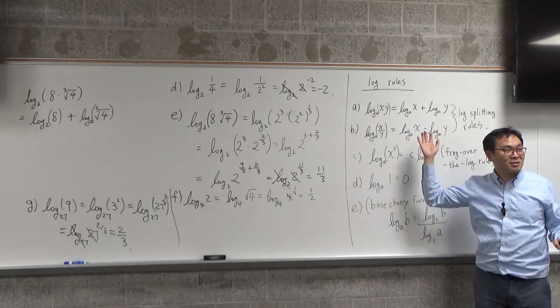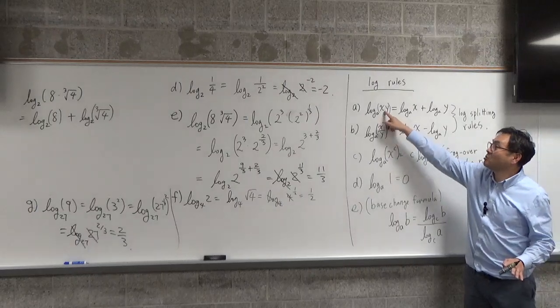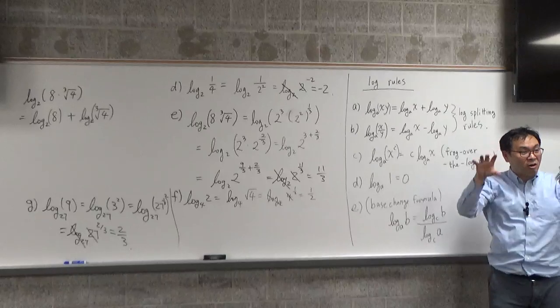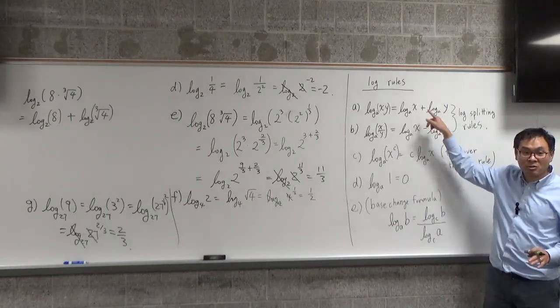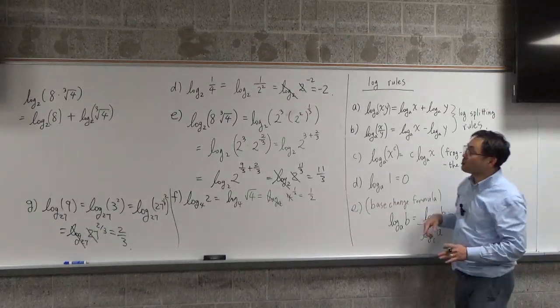It's ridiculous, right? No, that's not what this rule is saying. It's saying that multiplication can be split into two logs. That's the point: one log becomes two logs. And then you place a plus in between.